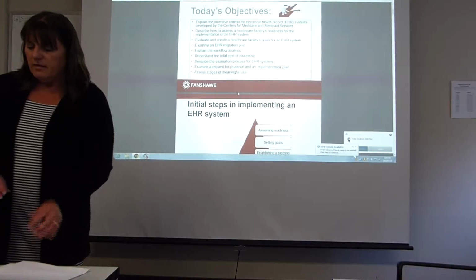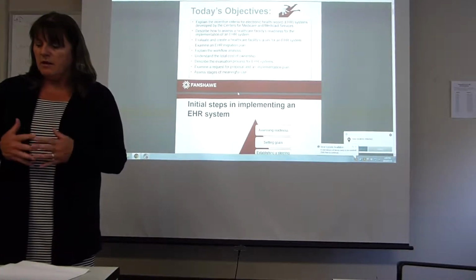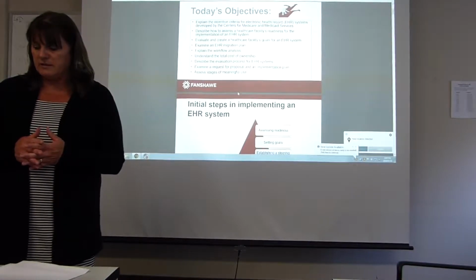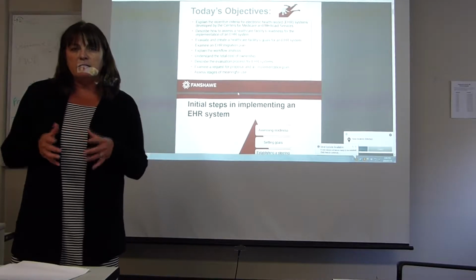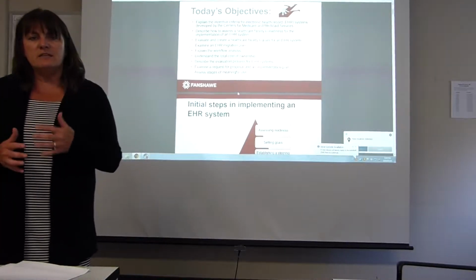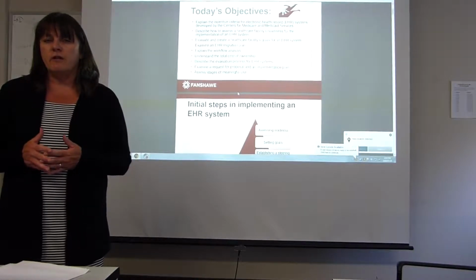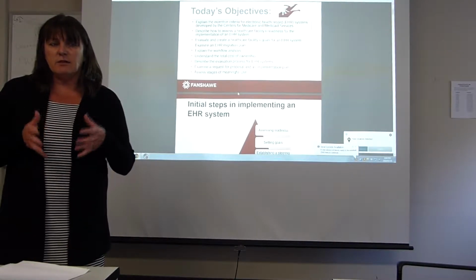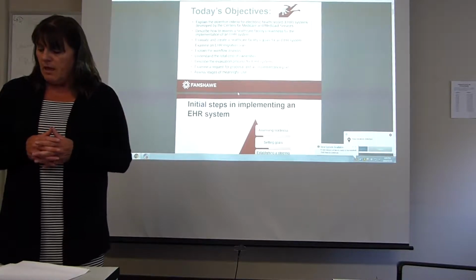To begin, there are some initial steps that any organization should complete when implementing an electronic health record system. There are 4 initial steps. You need to assess the readiness of the individuals and the organization as a culture to see whether the organization is ready for a large-scale change and to see if the people within that organization are ready for the change.